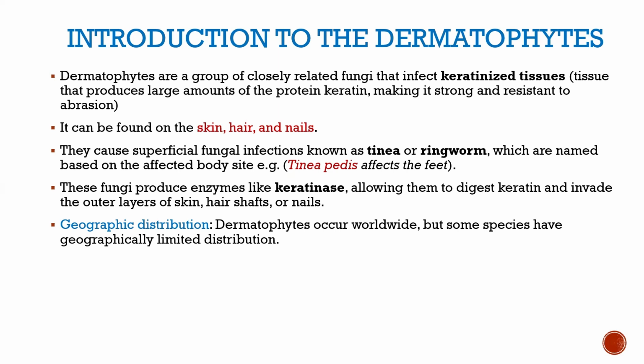You can see they have a particular and unique type of skin there, and it's because of this protein called keratin, which is strong and resistant to abrasion, and also helps to protect that part of the skin from invading organisms or from anything that is going to cause harm.